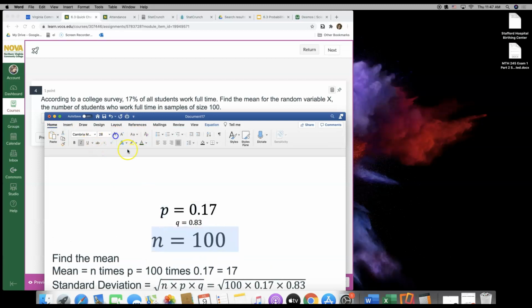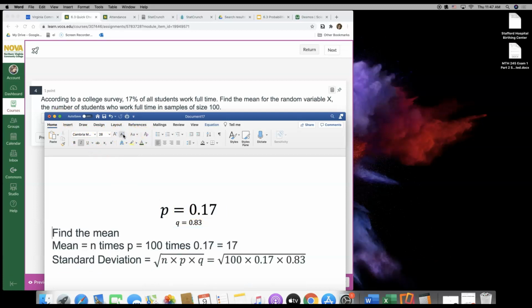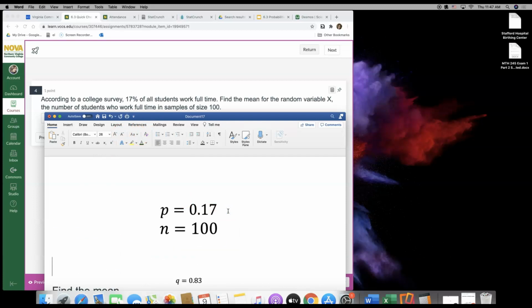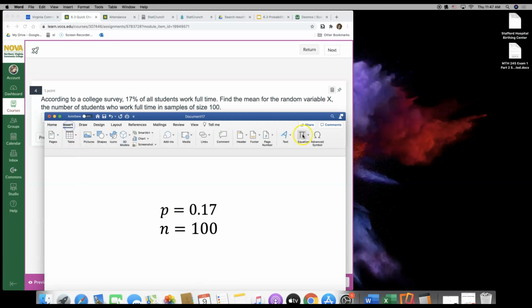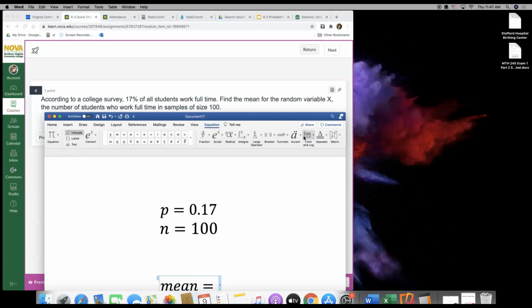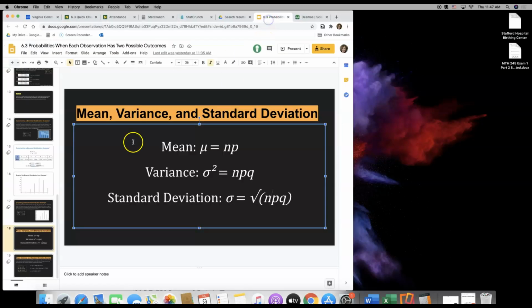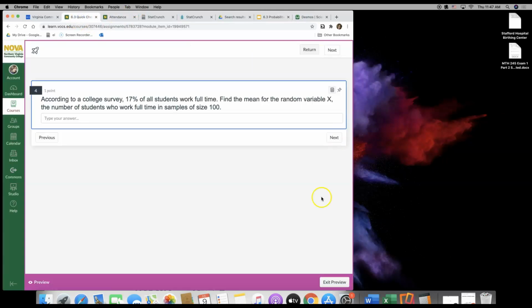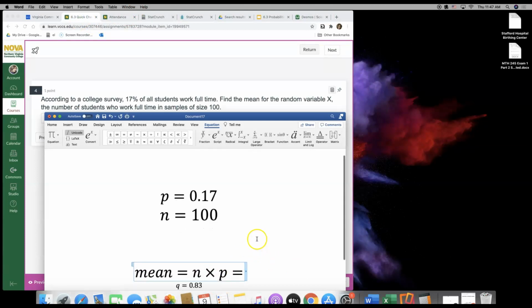P is 0.17, that's given. And what else is given? N is 100. Now guys, I'm talking about P and N here because those are the two pieces you need to find the mean of a binomial distribution, okay? Mean equals N times P, really. That's it. And this is from our 6.3 notes. The mean of a binomial distribution is N times P. So what you want to do is simply multiply your N and P together.